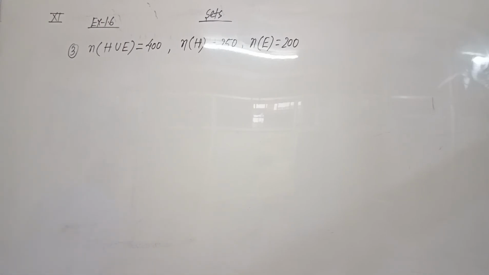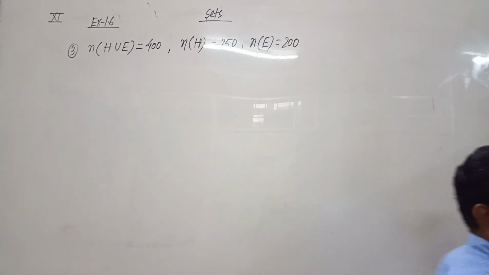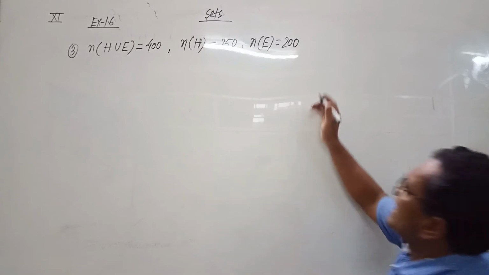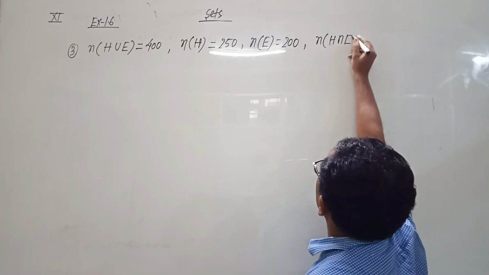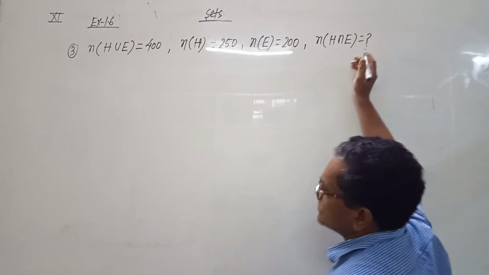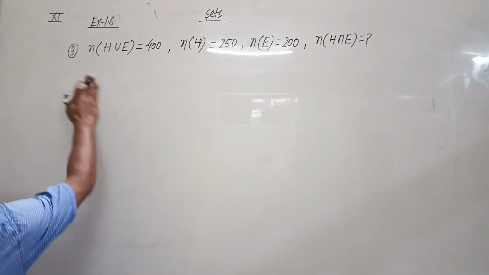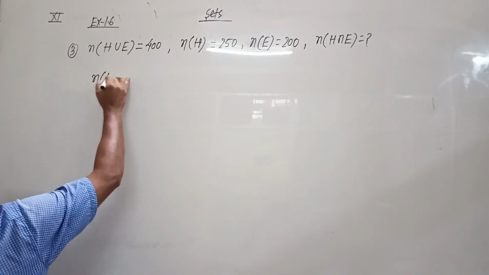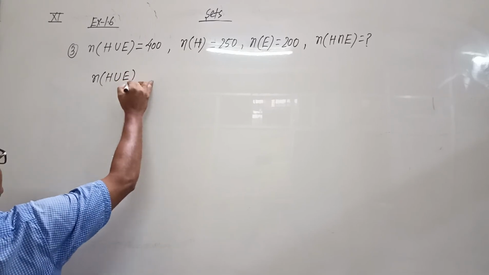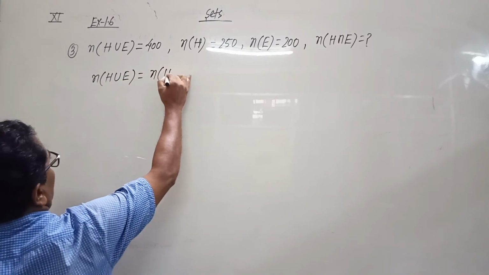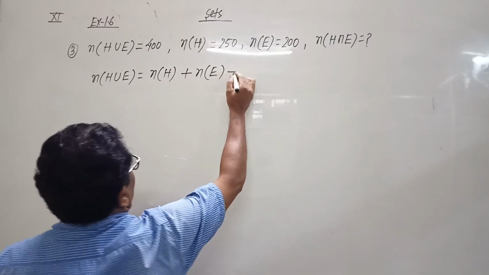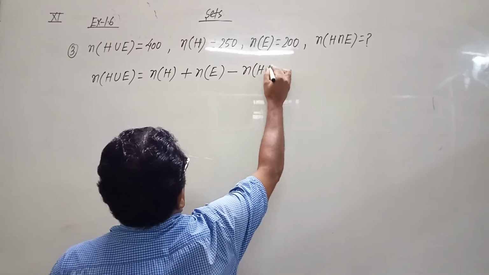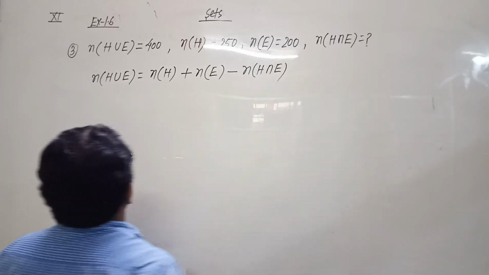So, how many people can speak both English and Hindi? Both English and Hindi means common, which means intersection. So we have to calculate n(H ∩ E). We use the formula n(H ∪ E) equals n(H) plus n(E) minus n(H ∩ E).